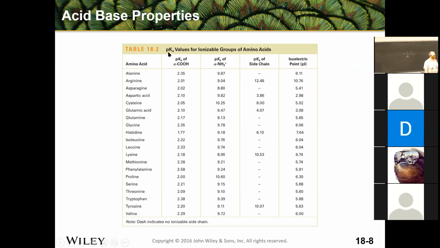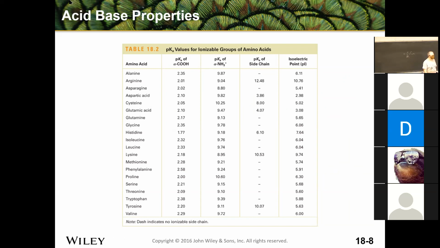Okay, so here are some pKa values for ionizable groups of amino acids. Okay, notice that the carboxylic acid group has a pKa of around 2. That is, amino acids are more acidic than regular carboxylic acids, which are about 4 or 5, so about 100 times more acidic.